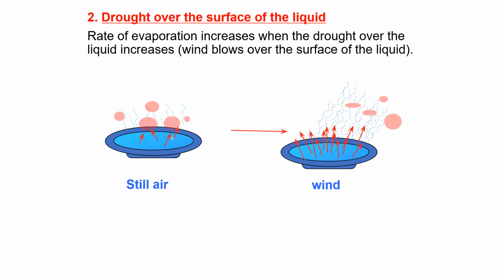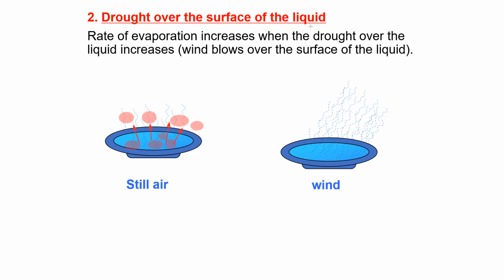Look, what happens when the particles are coming out and you have still air? These particles which are coming out are not able to move away from the surface. So as the particles are still at the surface, the other particles inside the liquid don't find space to come out, because the other particles are on top of them.